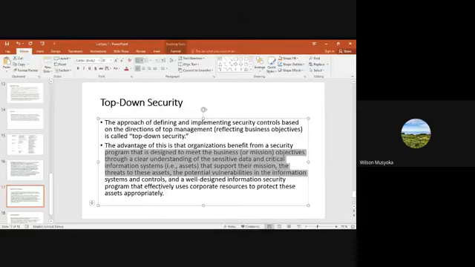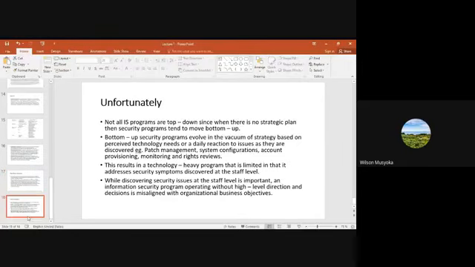So when we are looking at top-down security, it gives us that benefit because it has been designed with the organization's vision and mission in mind. Unfortunately, what we are saying here is that not all information security programs are top-down. When there is no strategic plan, or when you have not incorporated information security in your strategic plan, then these programs tend to move bottom up.